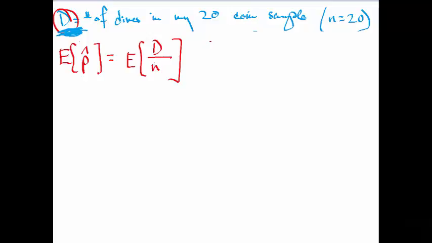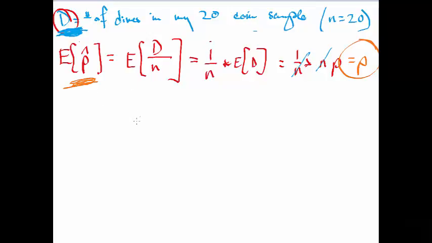When you take an average, if you multiply every term in the summation by a constant, I can pull it out. This is 1 over n times the expected value of d, which is 1 over n times np, and lo and behold, the n's cancel and you just get p. That is, on the average, p hat is p.